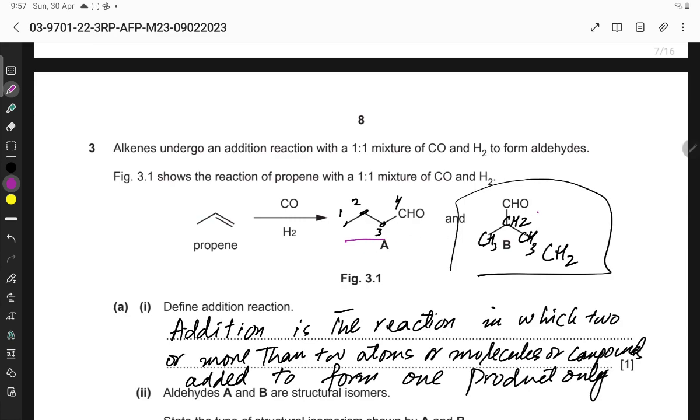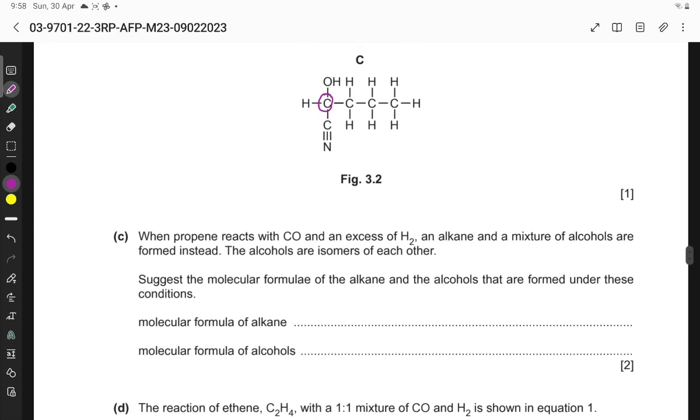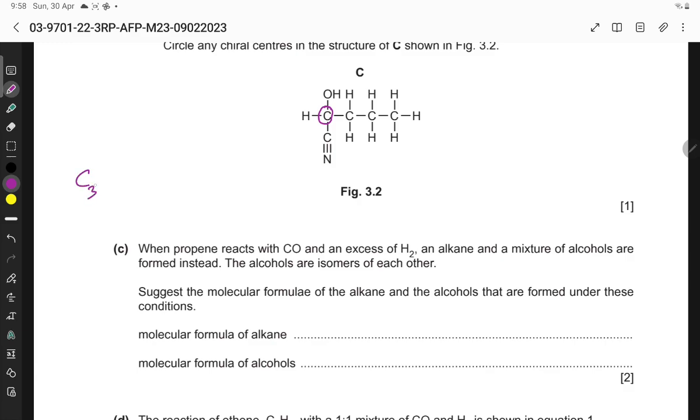If alkane is there, C3H6 plus CO and hydrogen forms alkane C3H8, and the other is alcohol.